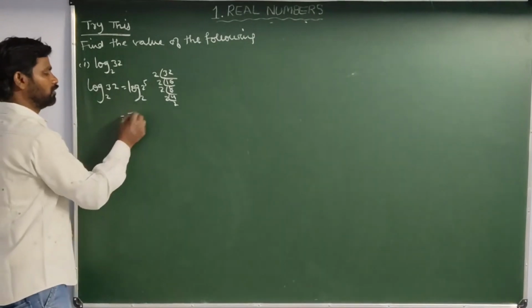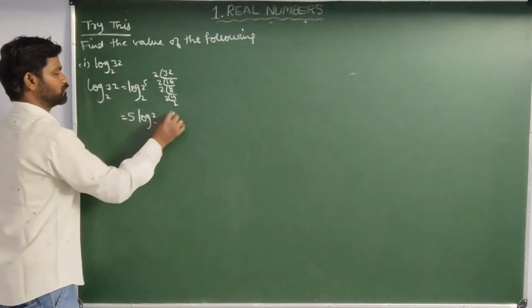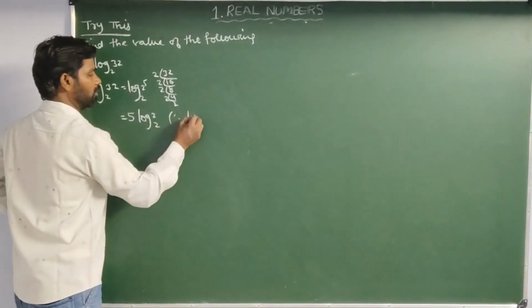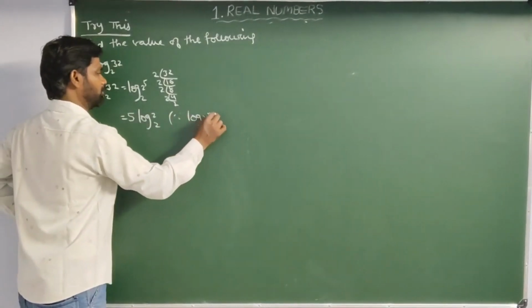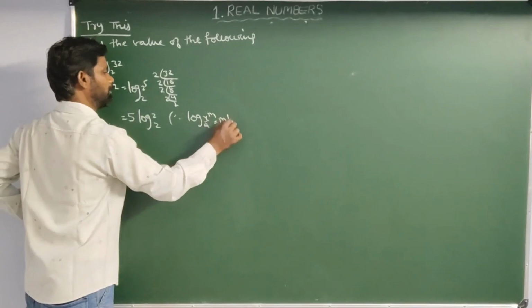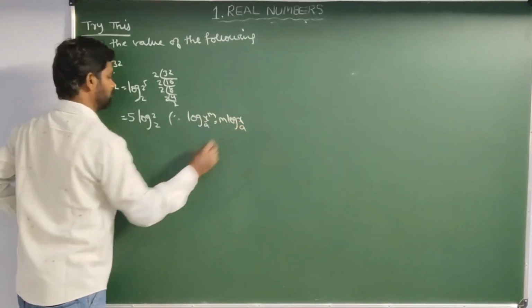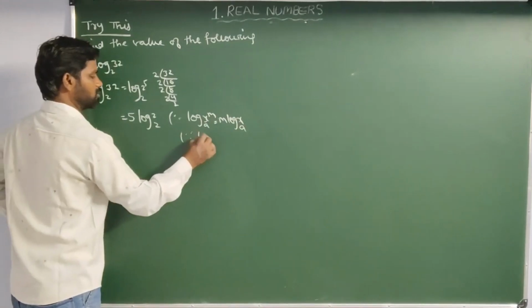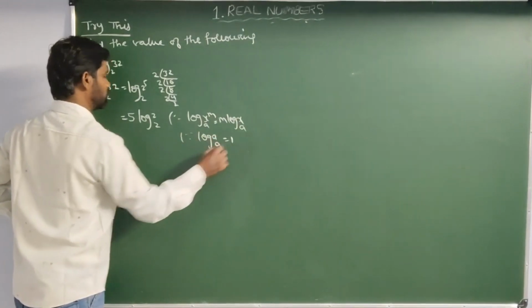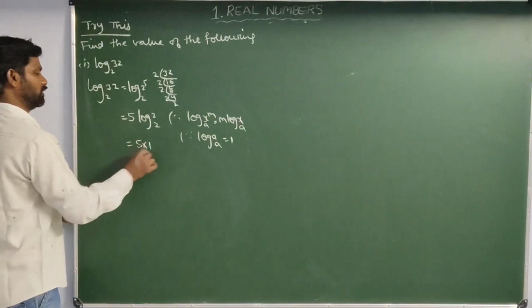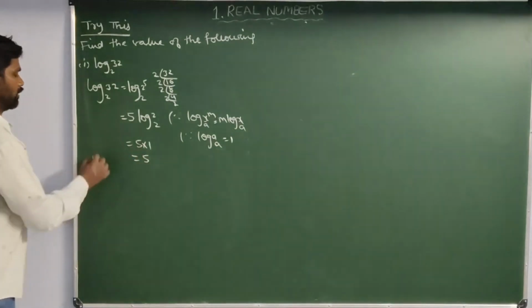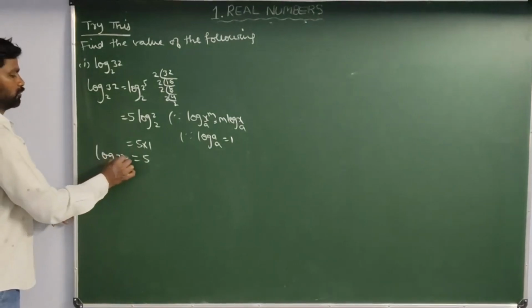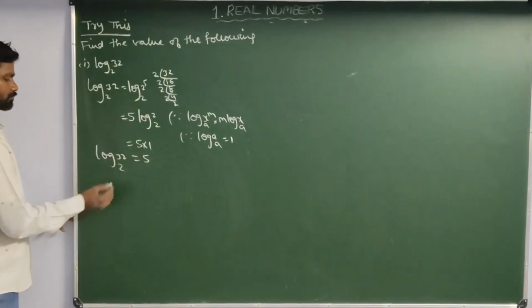Next, by using the power rule, 5 log 2 base 2. Since we can write log x power m base a is equal to m log x base a. And one more formula, that is log a base a is equal to 1. So 5 into 1, that is equal to 5. Okay. Log 32 base 2 is equal to 5.